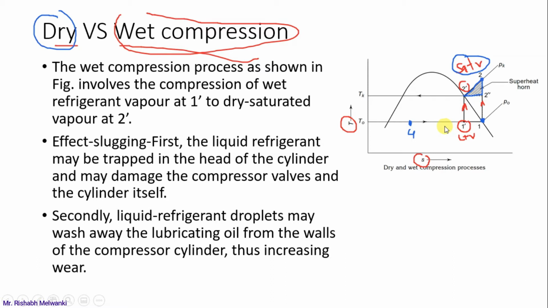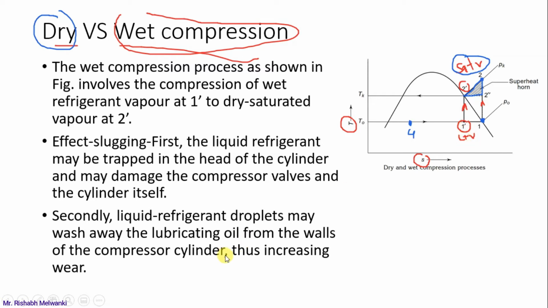It will be prominent in a reciprocating compressor, but there are different types of compressor. If we are using some other type of compressor, it might happen that the effect of sludging is not prominent in that type of compressor. Second, the liquid refrigerant droplets may wash away the lubricating oil. Here you see at the inlet of the compressor I have liquid plus vapor.